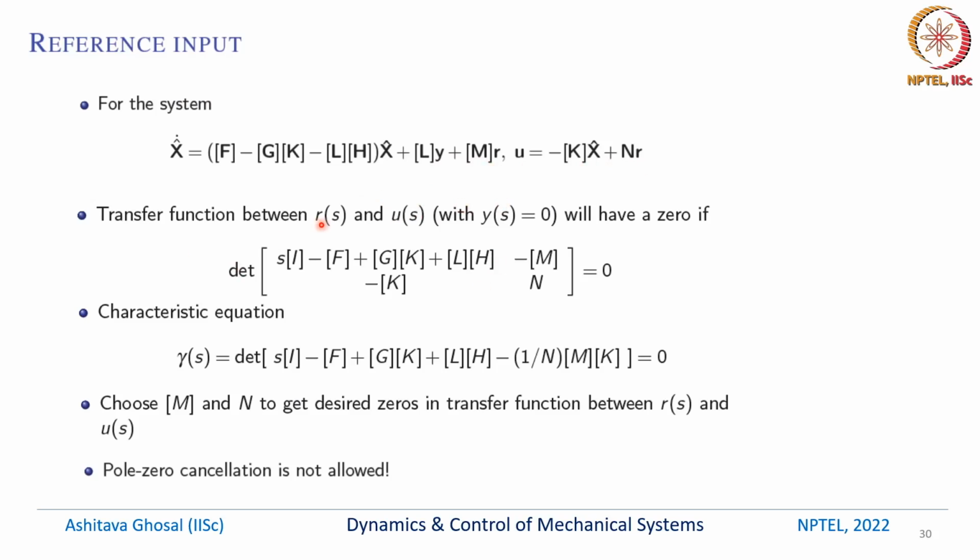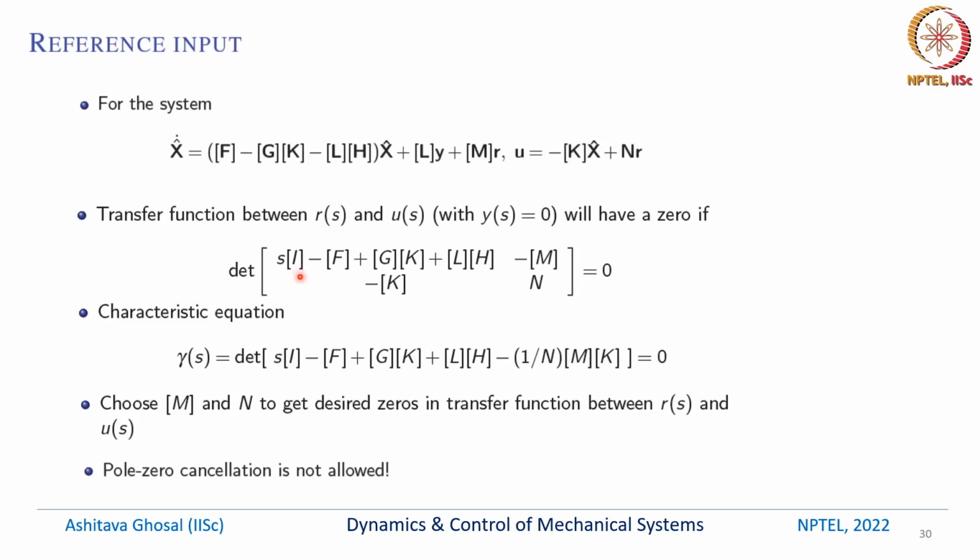So the transfer function between r and u, with y of s equal to 0, will have a 0 if the determinant of this is equal to 0. So the transfer function u of s divided by r of s will have a 0 in the numerator, because we want to change the zeros to obtain a good or desired transient response.